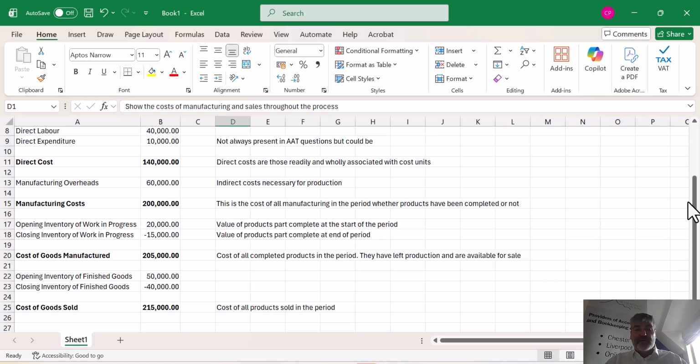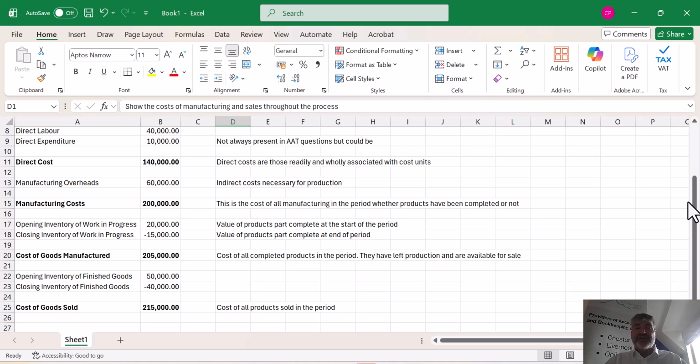The next thing we want to work out is the cost of everything that's been finished and has basically left the factory floor and gone into the warehouse waiting to be sold. To do that, we take the manufacturing costs, add the value of the opening inventory of work in progress, and deduct the closing inventory value of work in progress. That gives us the cost of all goods manufactured.